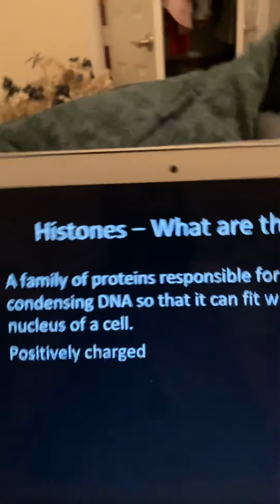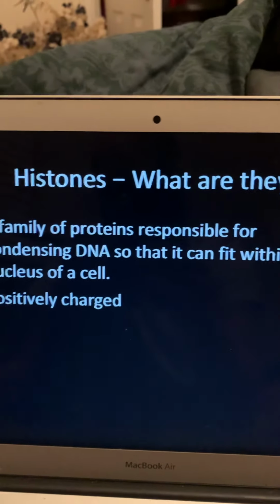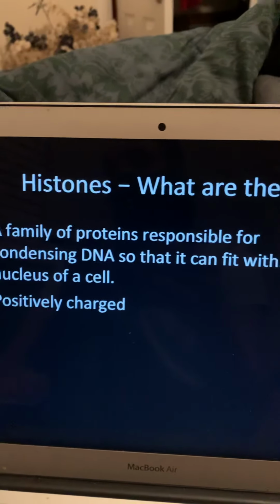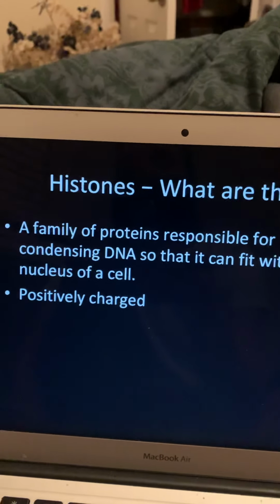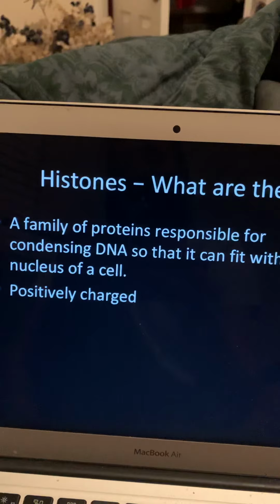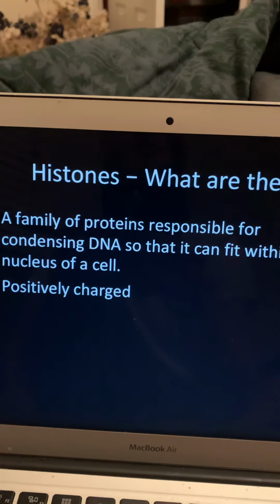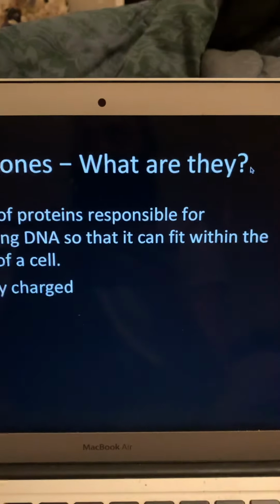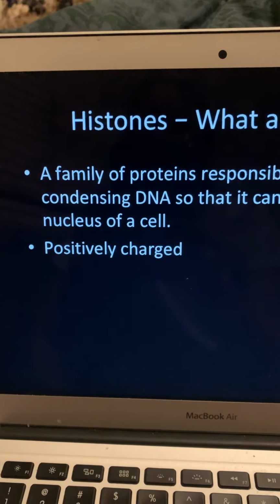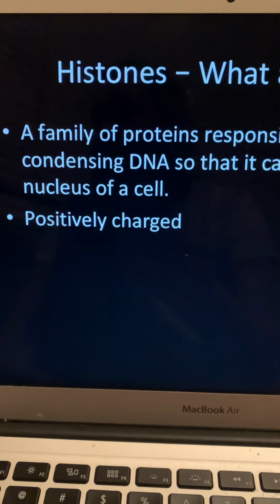And so now we get to histones, and what are they? What I put here is a family of proteins responsible for condensing DNA so that it can fit within the nucleus of a cell, and that they're positively charged.